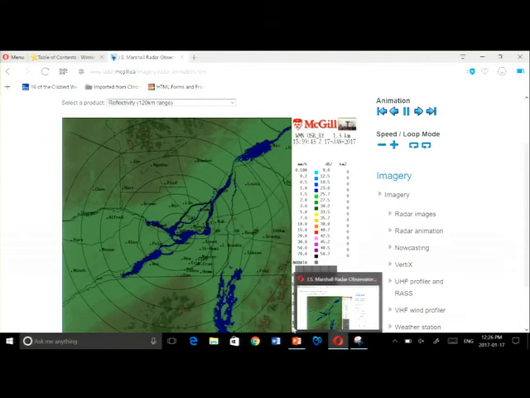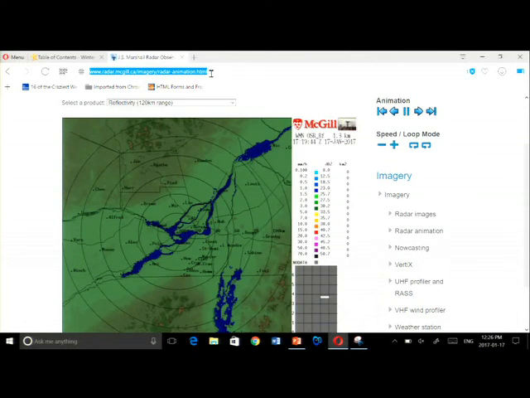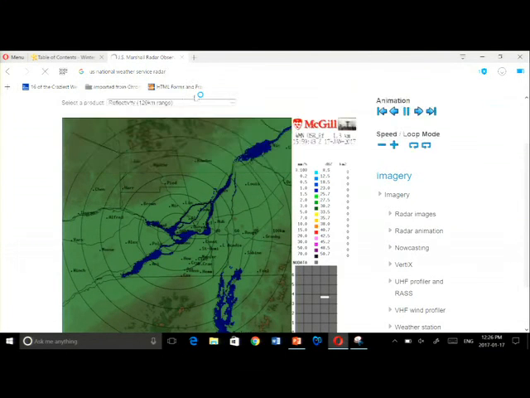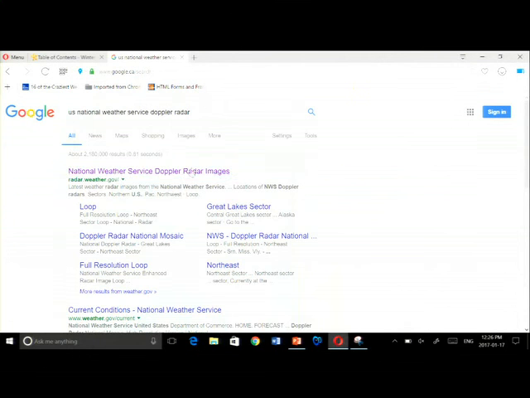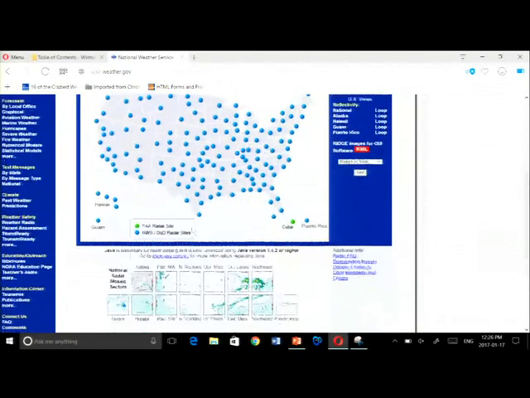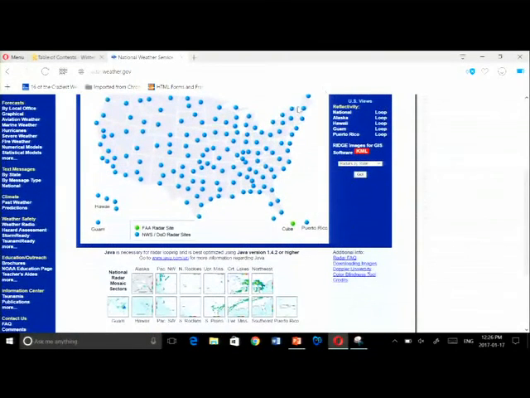There's also a US network, and you can click on any station.